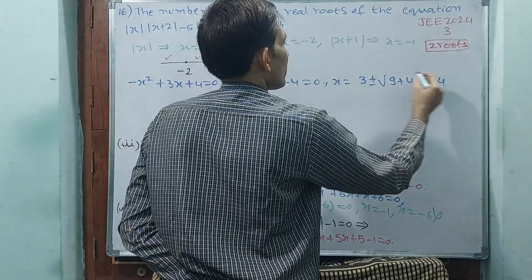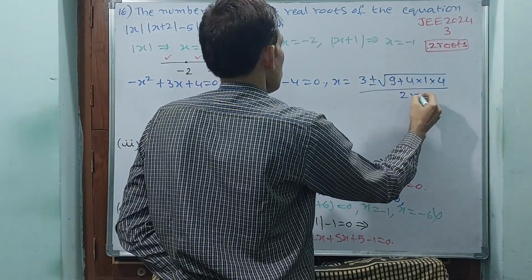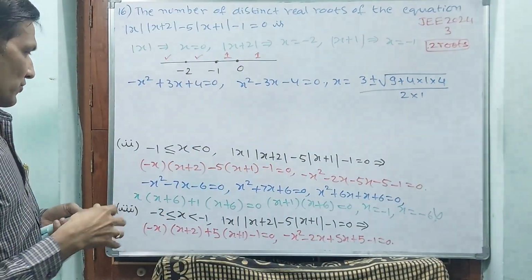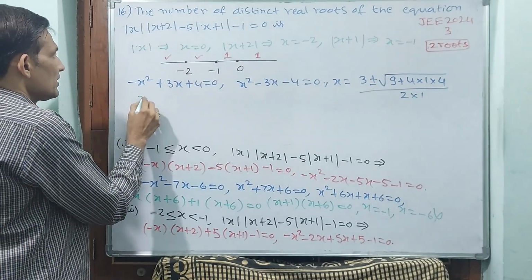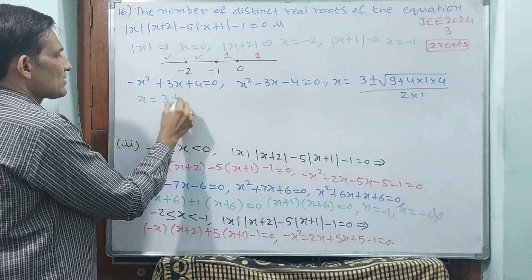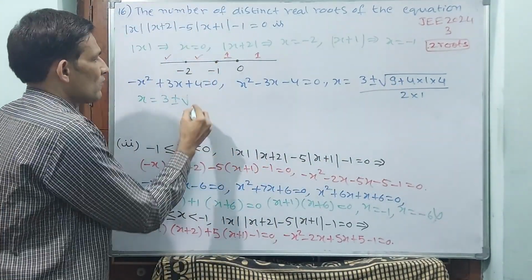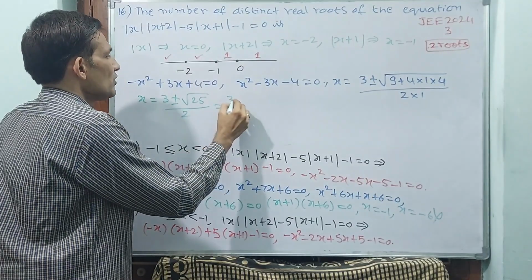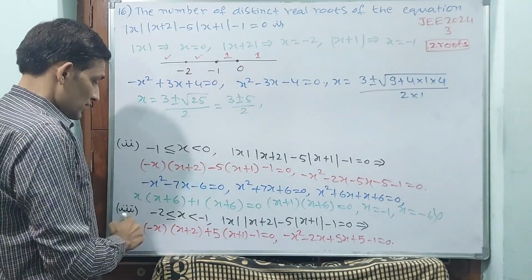Observe how we are going to get this answer. So x is equal to 3 plus or minus square root of 16 plus 9, that is 25, by 2, that is 3 plus or minus 5 by 2. Okay, so the third one we are doing.